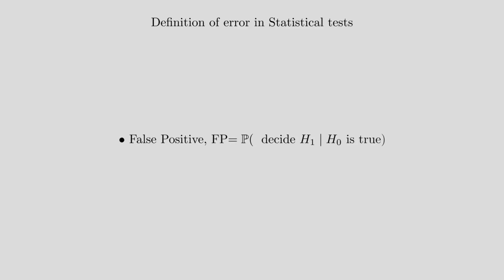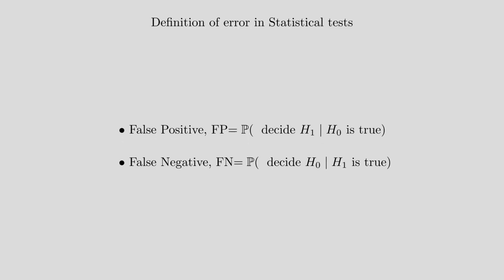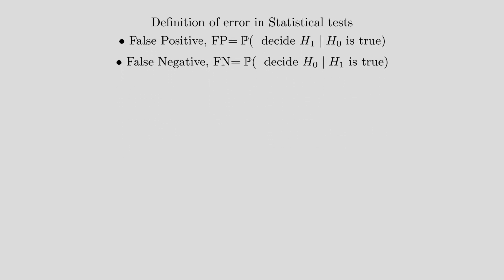The proportion of false positives when conducting an infinite number of experiments is the same as the probability of having a false positive when conducting one experiment. We thus want to limit it. There also exists a probability of false negative, which is the probability of not choosing the alternative when we should have.